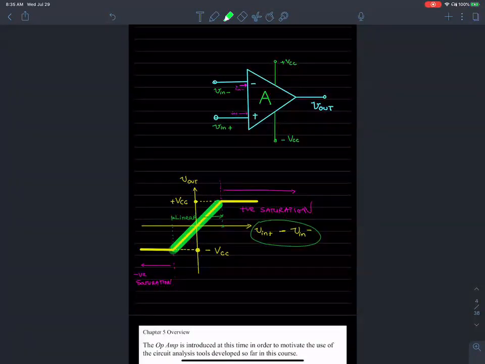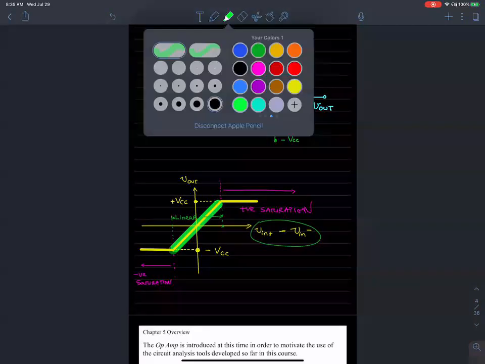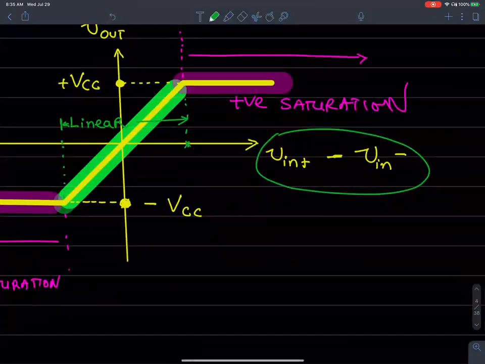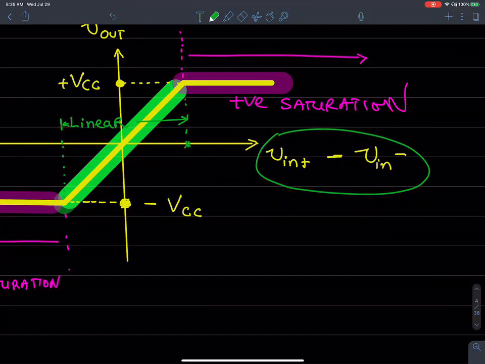Questions so far? The slope of the line, that would be the gain. Yes, thank you. The slope of this line would be the gain. I didn't want to mention that out of the fear that I might be throwing too much information at you.